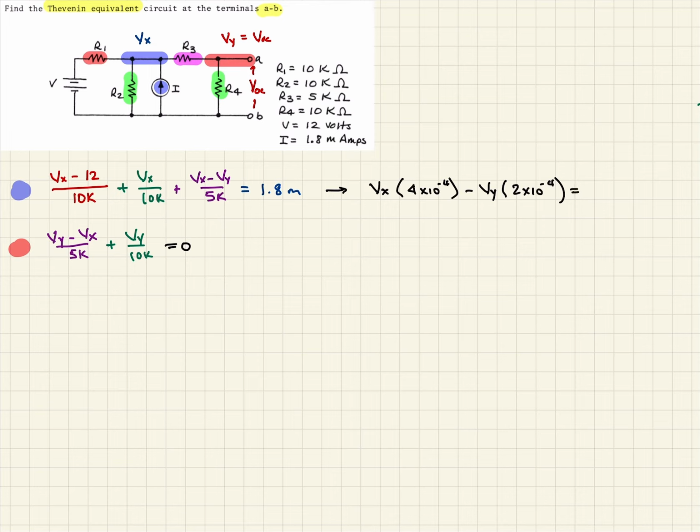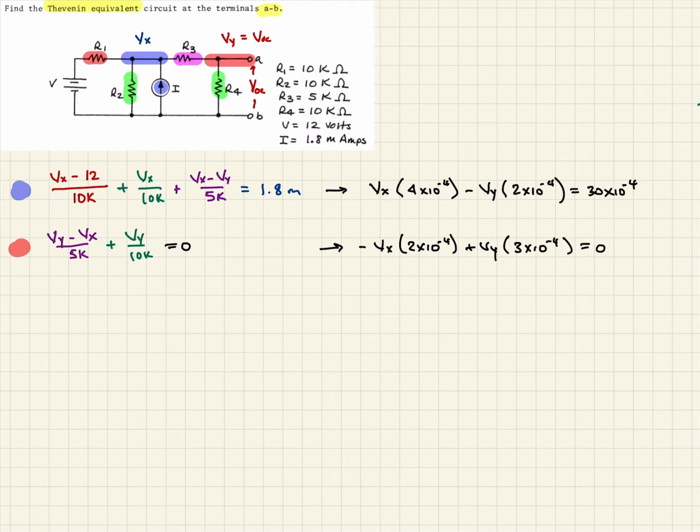And then this is going to equal 30 times 10 to the minus 4. And then likewise, we can take the second equation. That's going to be minus Vx times 2 times 10 to the minus 4 plus Vy times 3 times 10 to the minus 4. And then that's all equal to 0.